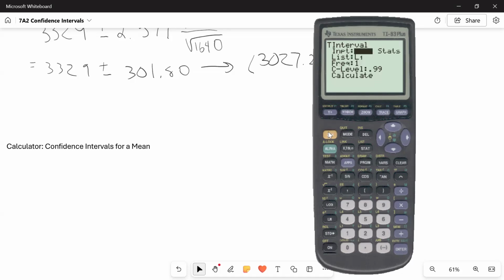If I click on it here, it's going to use the data in L1. So whatever list you stored the actual data values in, it can pull from that list. But we're going to do the summary statistics here because they've already given them to us. And if you hit calculate, it's going to give us the confidence interval. So our confidence interval, same thing, we got 3027.2, comma 3630.8, and it gives us the sample mean, standard deviation, sample size, which we already know.